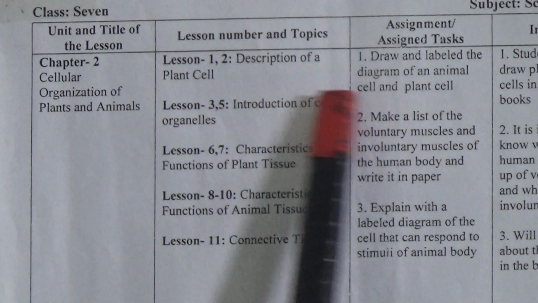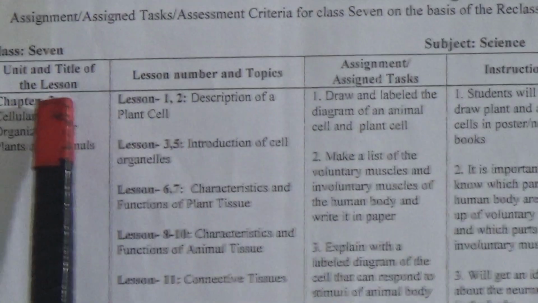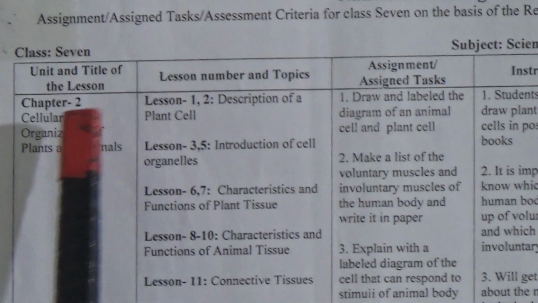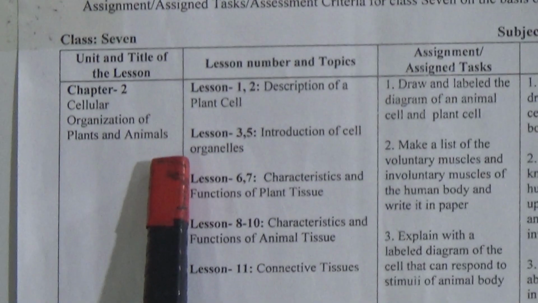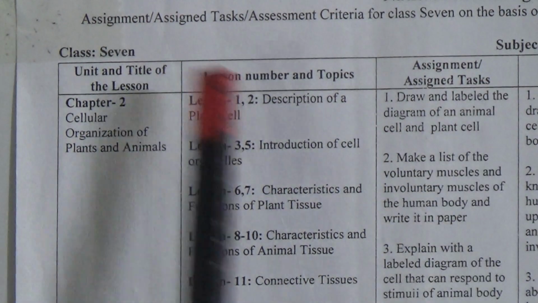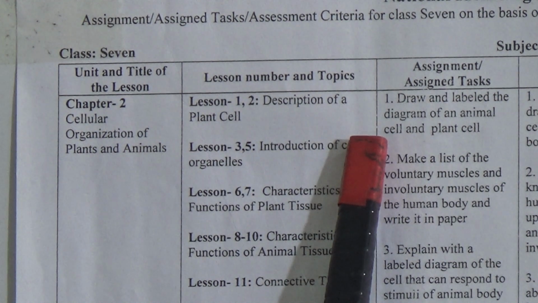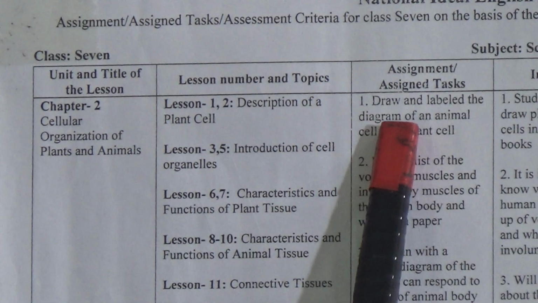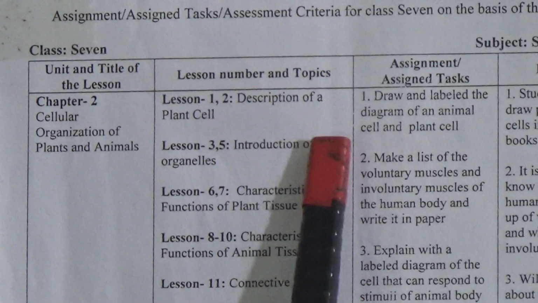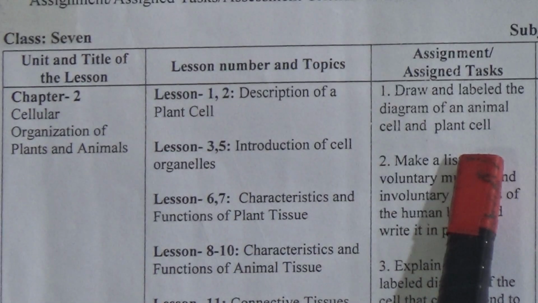Look at here, this assignment is based on chapter 2, cellular organization of plants and animals. The assigned task is here. Question 1 is draw and label the diagram of an animal cell and plant cell.